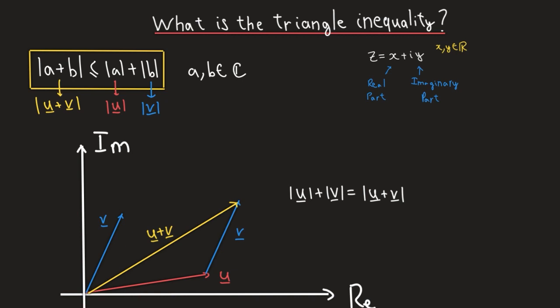So in this case, we have this triangle over here, and the length of the side u plus v will always be less than the sum of the length of u and vector v. In conclusion, it's important to appreciate the geometrical interpretation of the triangle inequality, because it's important to remember that the triangle inequality involves complex numbers, and complex numbers can always be associated with vectors.